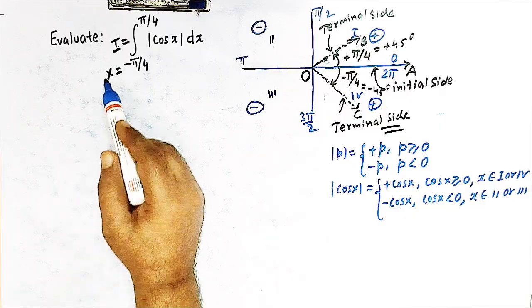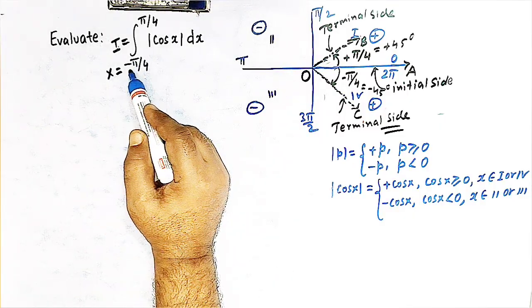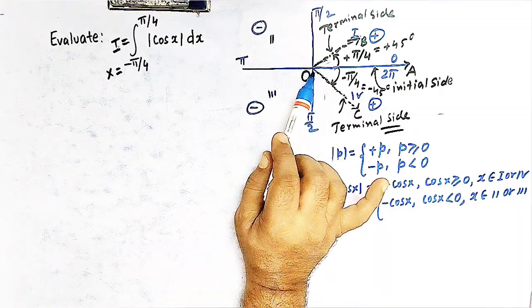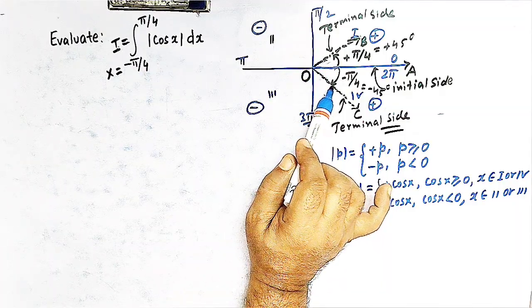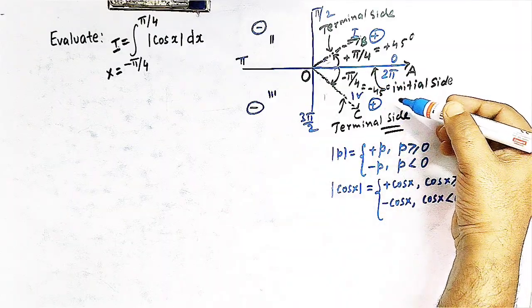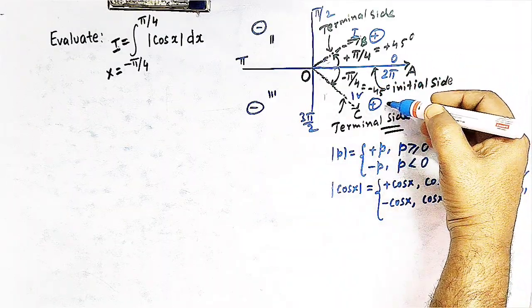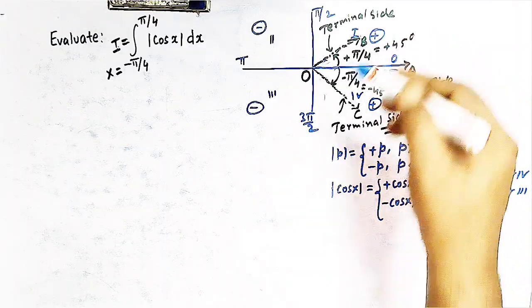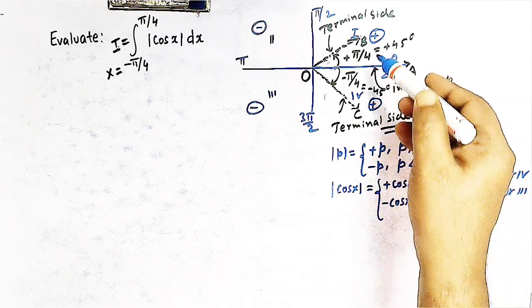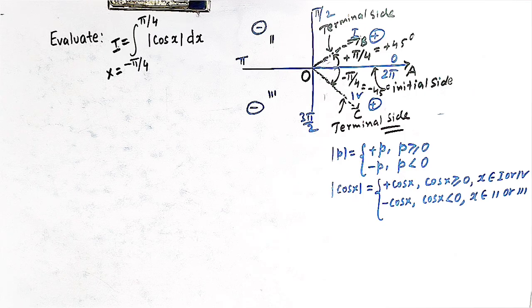So now we have to integrate from minus pi by 4 to pi by 4. Now see, when we go from minus pi by 4 to pi by 4, it implies that we are making a transition from fourth quadrant to the first quadrant, and in the fourth quadrant and in the first quadrant cosine function is positive, right?